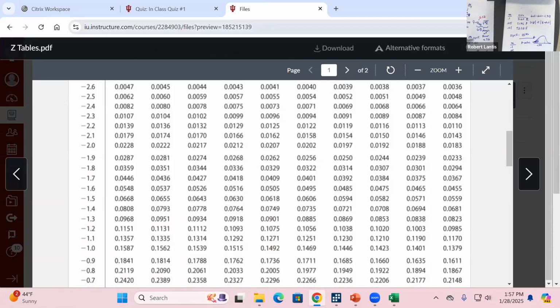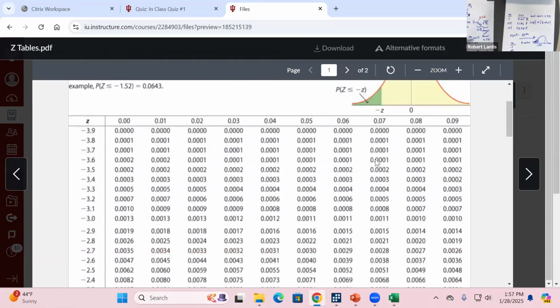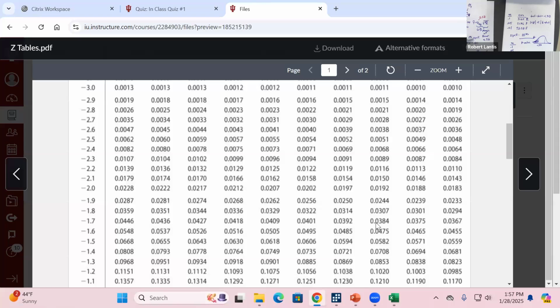Sorry, I didn't hit this hard enough. Let's just say I'm getting some confused looks now. I know why. Negative 1.77 would correspond to 0.0384 to the left of it. So this area was 0.0384. If I multiply that by 2, I'm getting, rounding egregiously, approximately 0.07.